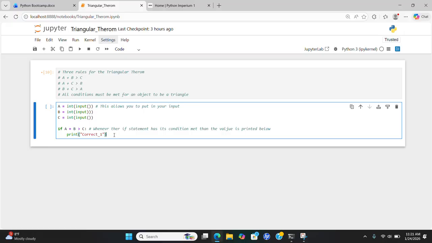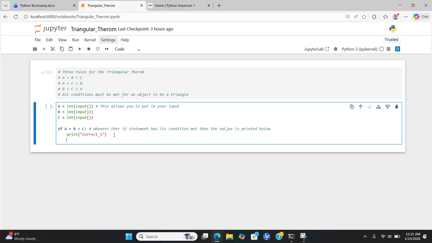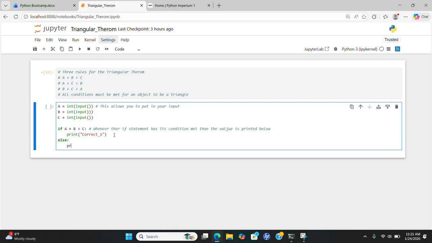Now suppose A plus B is not greater than C. Well, then we use the else statement. Print incorrect 1. Whenever the if statement's conditions are not met, then the else statement is used.